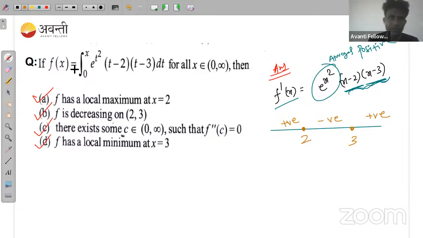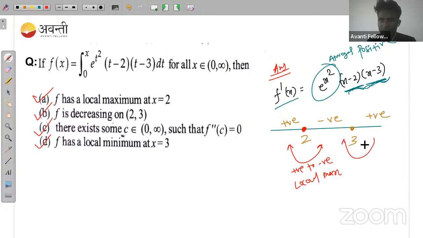Okay. So now if you check it here, what will you get? At 2 the sign of f dash x changes from positive to negative. Positive to negative, what is that? Local maximum. And here, what is happening at 3? The sign changes from negative to positive.